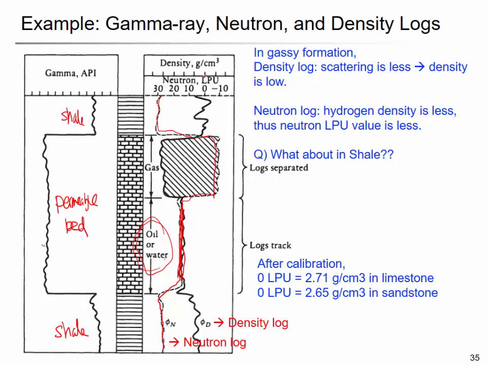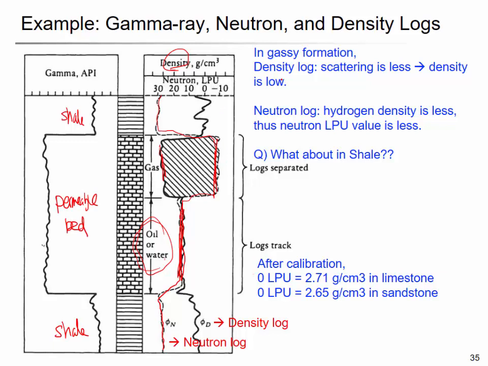So you can see high density for the neutron log and low density for the density log. So this should be the gassy formation. In the density log, scattering is less in the gassy formation, so density is low. And in the gassy formation, the hydrogen density is less, so the neutron value is less. So the value is decreasing in this direction.